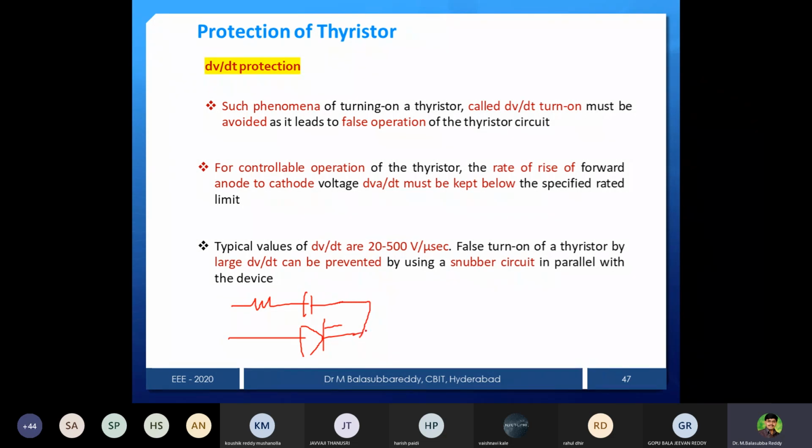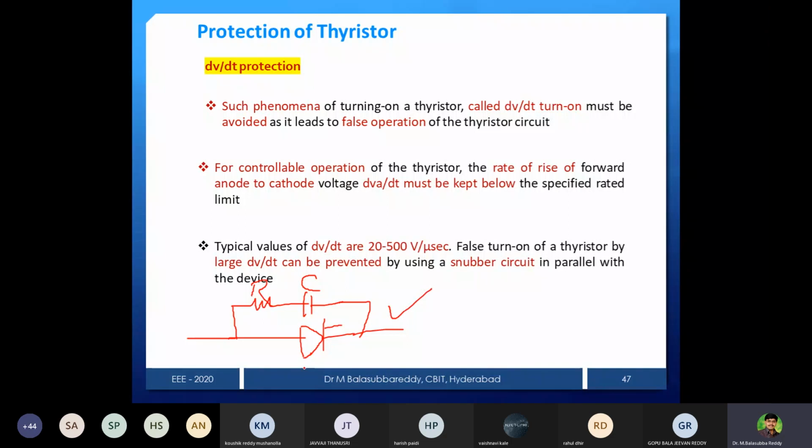We call it a snubber circuit. In each circuit we are not able to show all the protections, but while you are doing the hardware, whatever value of resistor and capacitor, this will be connected in parallel with the device.